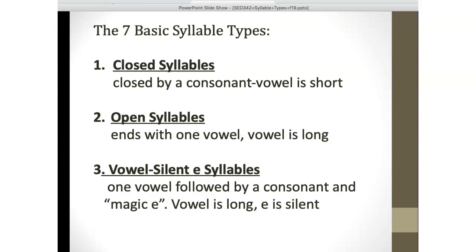The one thing you should remember about syllables is that vowels open up our mouths. So the 7 basic syllable types means that a vowel is in the syllable, and a syllable opens up our mouth. So when you have a vowel like A, E, I, O, or U, when you say a, it opens up our mouth. But a closed syllable is closed in by a consonant at the end, so that makes the vowel short.